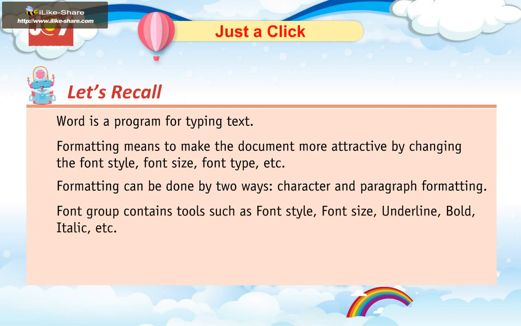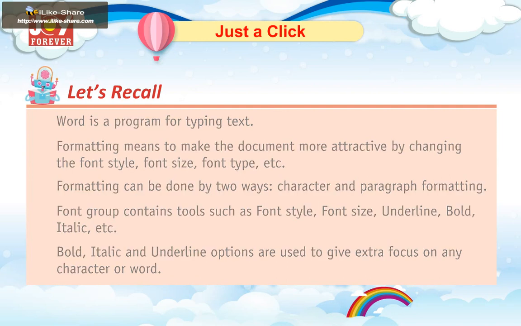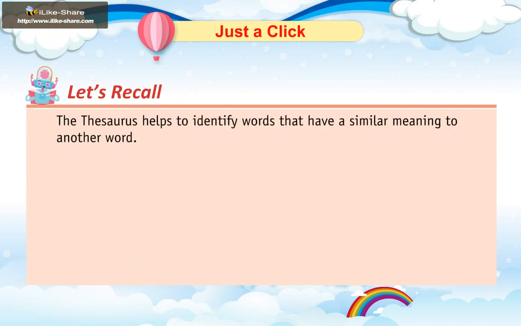Font group contains tools such as font style, font size, underline, bold, italic, etc. Bold, italic, and underline options are used to give extra focus on any character or word. The thesaurus helps to identify words that have a similar meaning to another word.